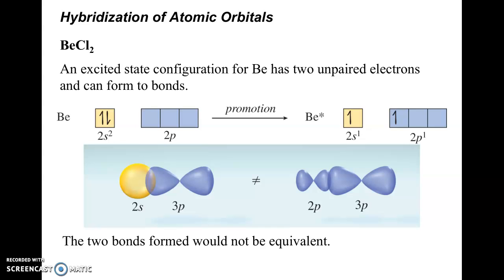So one of the electrons is promoted to the 2p orbital, and that's why the Be has a little star by it, because it's in an excited state. And now the chlorine can overlap with the 2s from the beryllium and the 2p, and you can get two bonds, but they would not be equivalent.